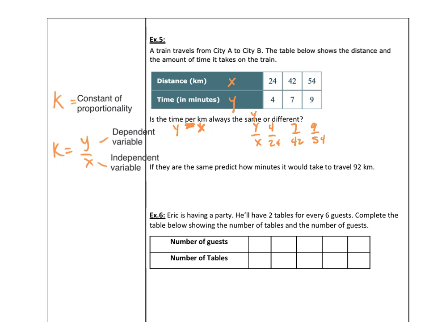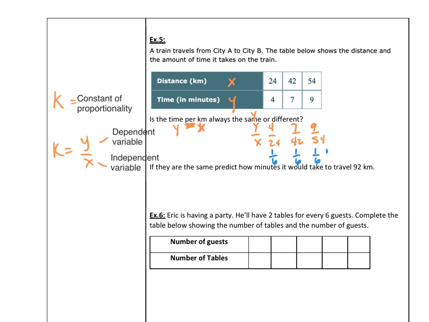Now I'm going to simplify these. I want to know if these are the same unit rate. When we simplify these fractions, the first one is 1 over 6, the second one is 1 over 6, and the third one is 1 over 6.